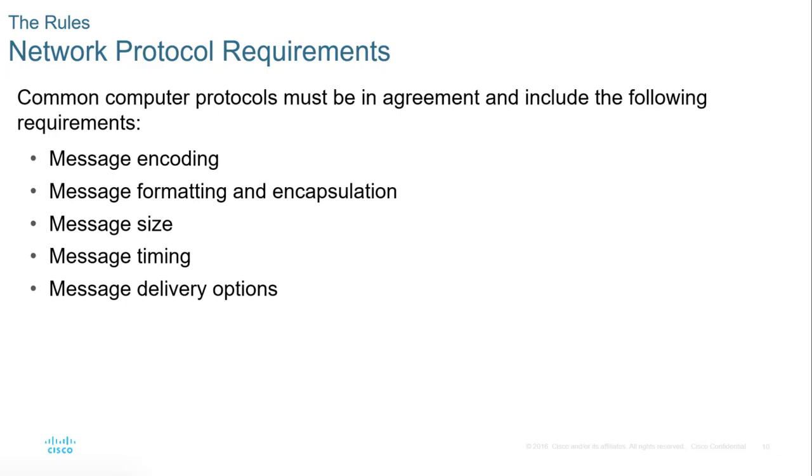Then message formatting and encapsulation. The message has to be formatted, designed in a way that will be easy for the devices to understand, and that it can be easily moved from source to destination.